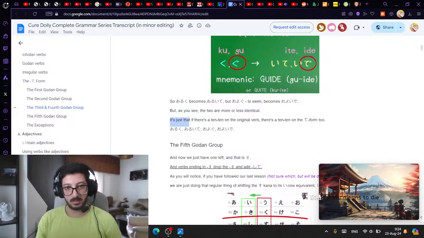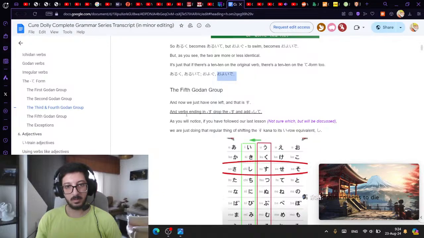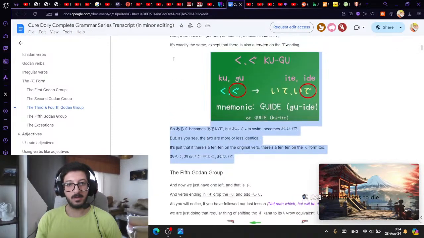It's just that if there is a tenten on the original verb, there is a tenten on the te form too. Aruku, aruite, oyogu, oyoide. Okay. This is very easy.